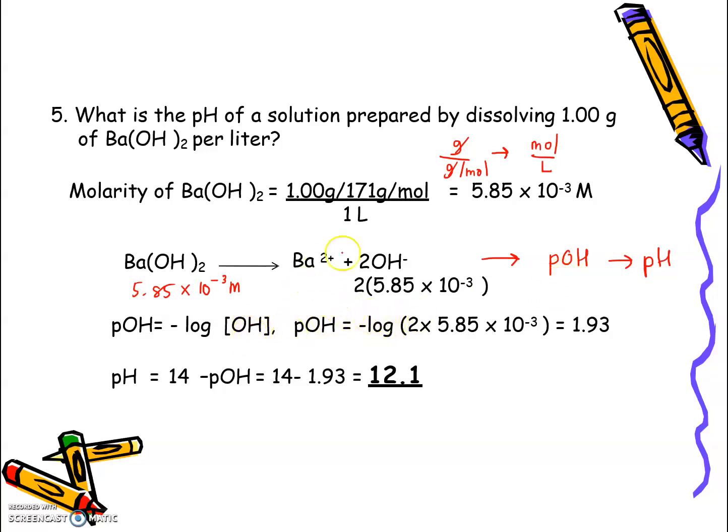That's why you have to find the molarity. So find pOH, negative log concentration hydroxide, equal to 1.93.